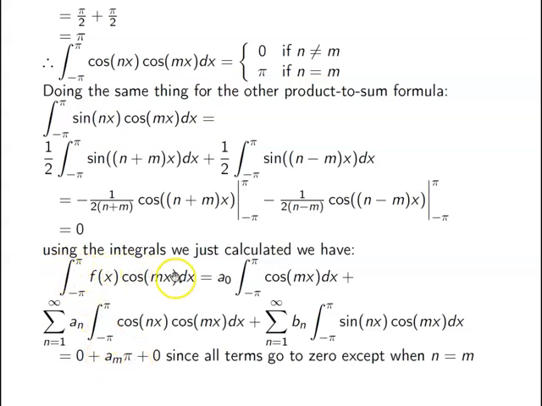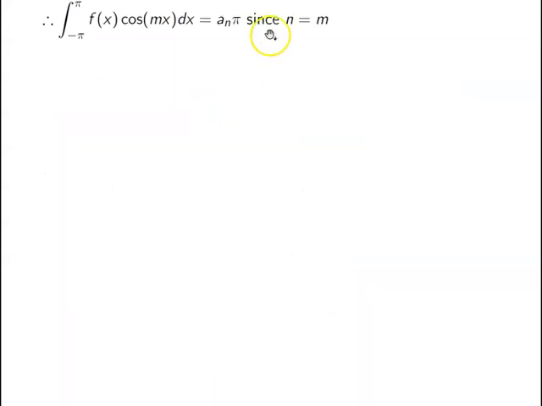So I have that this integral here is equal to a subscript m pi. And for this case, we know m and n are equal, so I can interchange m and n whenever I want to. So this f of x cosine m of x dx, I'm going to write as a sub n pi since n is equal to m.